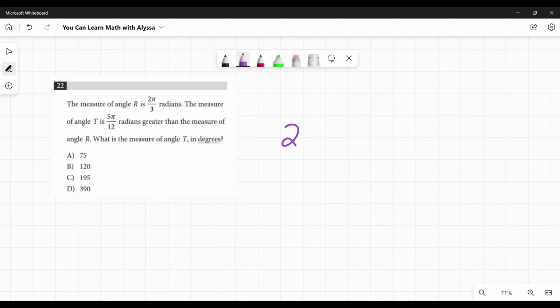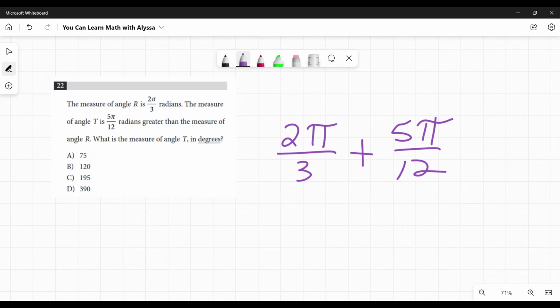All right, so 2 pi over 3 radians, and angle T is 5 pi over 12 radians greater than, so we're going to be adding 5 pi over 12. Ignoring that there's a pi there, this really is just, make them have common denominators and then add. To get 2 pi over 3 to have a denominator of 12, we're going to need to multiply it by 4 over 4.